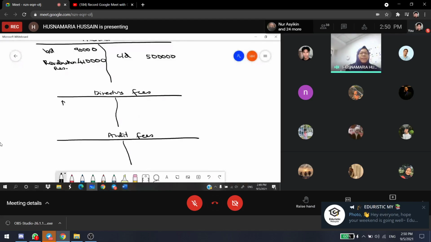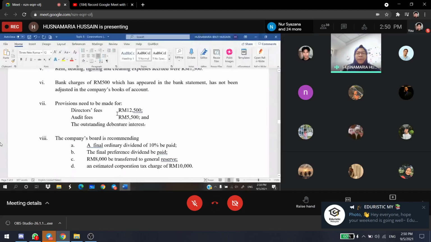From the list, it is not there, meaning you haven't paid, zero. So let me do this one so that you know what to do. It is not there from the list, meaning haven't paid at all. But from the additional information, you know that you have an accrued amount of director's fees 12,500, audit fees 5,500.